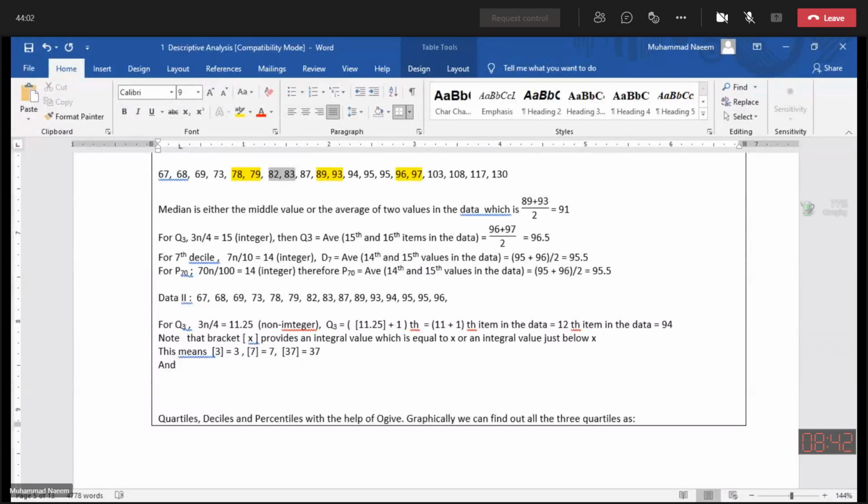When it is integer and we apply bracket function to an integral value, it gives the same integer. This is the role of bracket function.